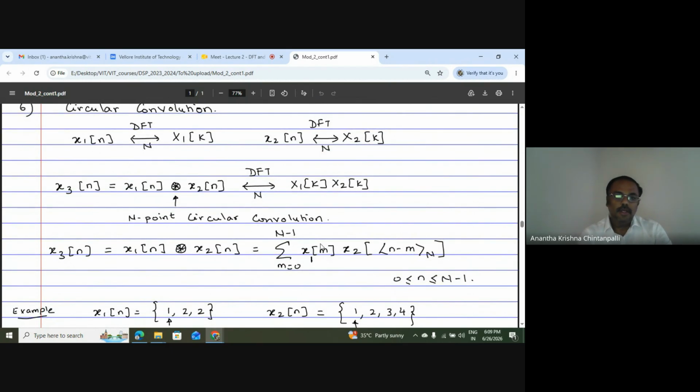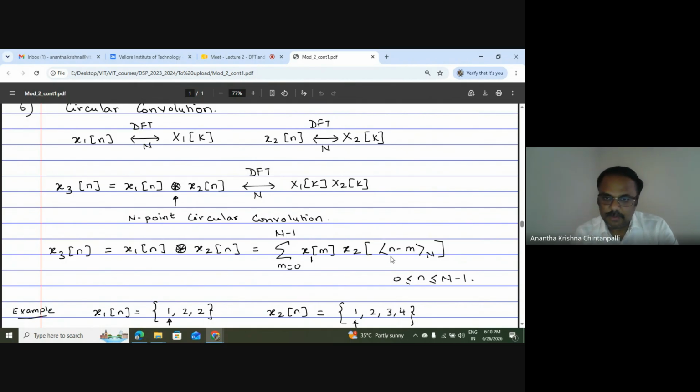Okay, so the circular convolution x3 of n is given by this expression, which is nothing but summation of m goes from 0 to capital N minus 1, x1 of m, x2 of (n minus m) modulo N. This is very similar to our linear convolution formula, but there are a couple of differences.